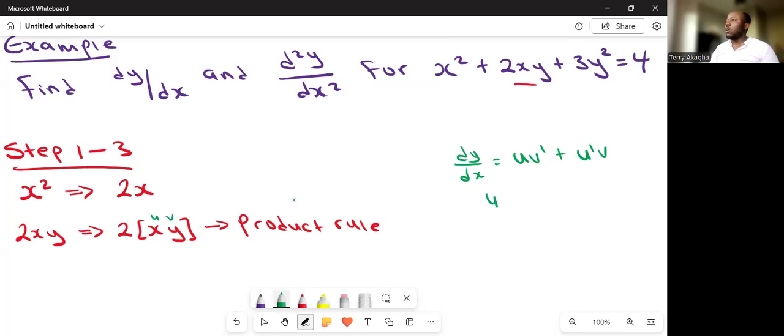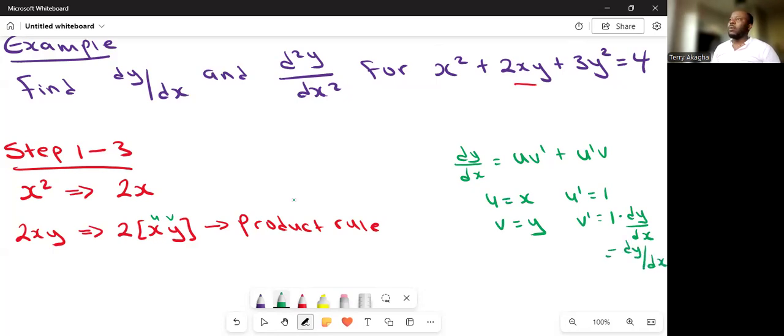So u is equal to x, v is equal to y. u prime, when you differentiate x, is going to give you 1. When you differentiate y, it is going to give you 1. But remember, anytime you differentiate y, you have to add the dy over dx. So it's 1 times dy over dx, which gives us dy over dx.